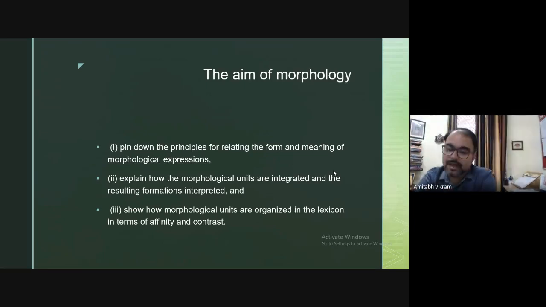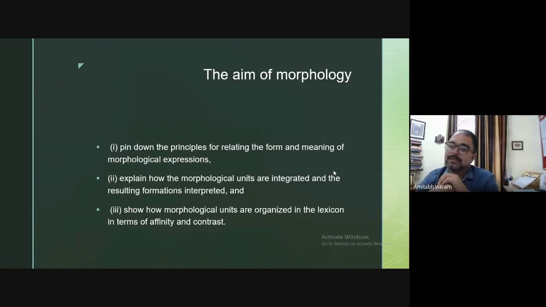And the second aim is to explain how the morphological units are integrated and the resulting formations interpreted. Fine. So how morphological units are integrated means how they have come together.